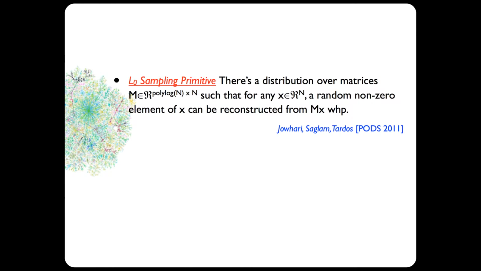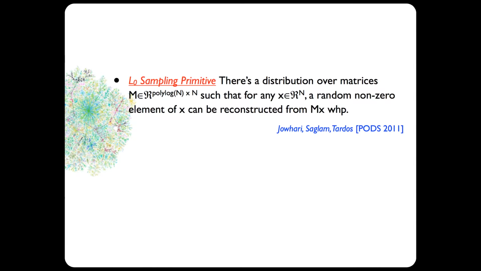So the one piece of technical background I need to mention that is going to be important in this talk was something that Sanjeev mentioned yesterday, and that's L0 sampling. So the result is that there's a distribution over matrices, M, such that if you give me any vector, x, I can find a non-zero entry from x just by looking at the projection M times x.